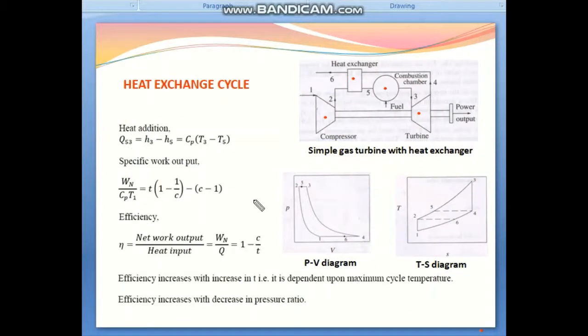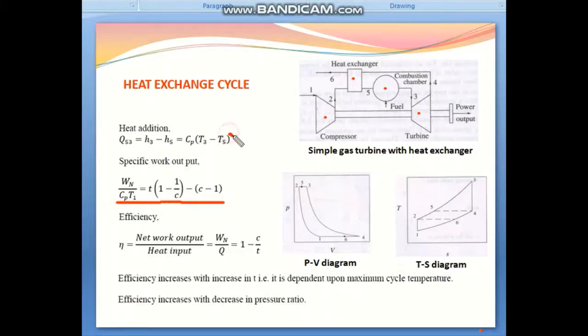So in the heat exchange cycle, the specific work output is the same, that is Wn by Cp T1 equals t into (1 minus 1 by C) minus (C minus 1). Okay. And the net efficiency becomes net work output, that means Wt minus Wc, turbine work minus compressor work, by Q. Q is the heat input.